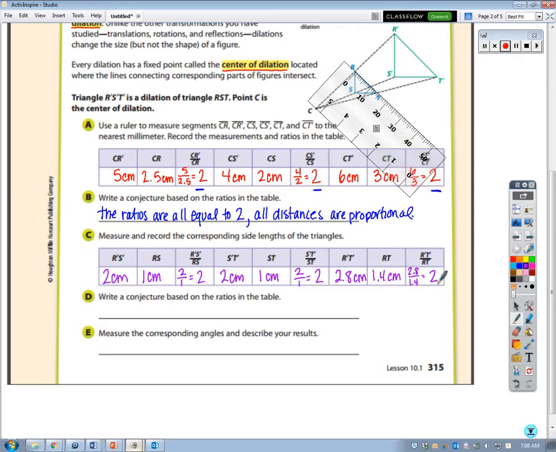Okay, so if I'm going to make a conjecture, all the ratios are equal. All the ratios equal 2, right? And so this means all the side lengths are proportional.